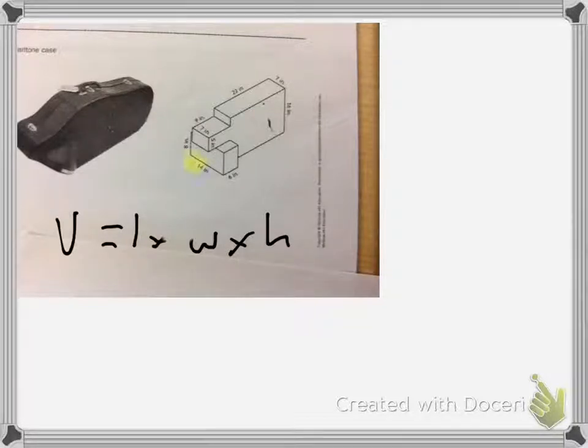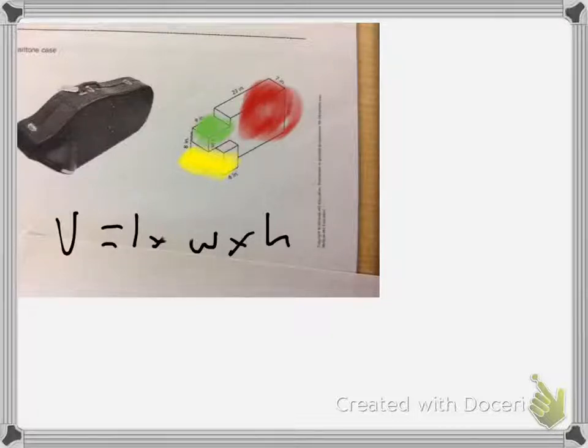We have this part right here, this bottom one down here. We have this one right here. Then we have that small one, and also this big one right here.